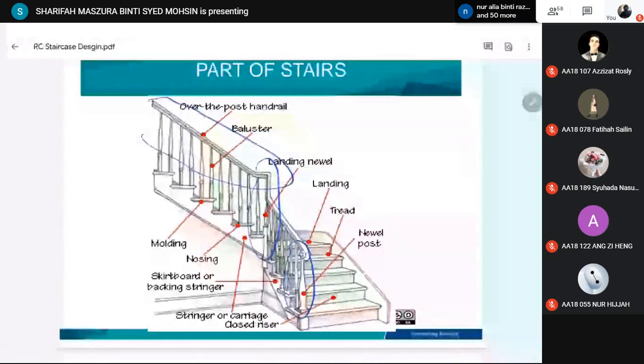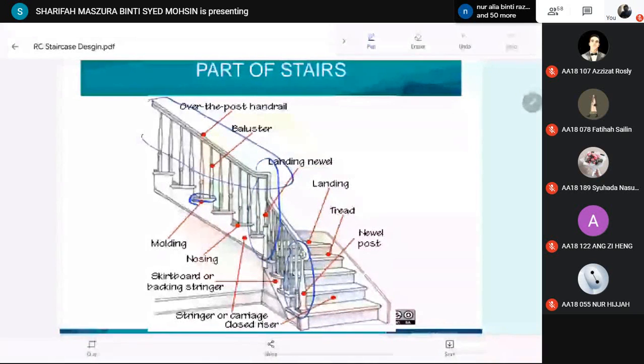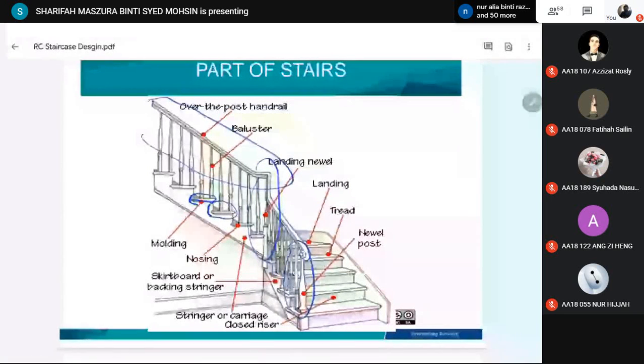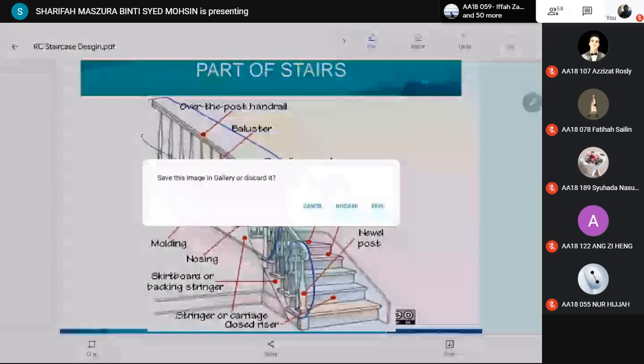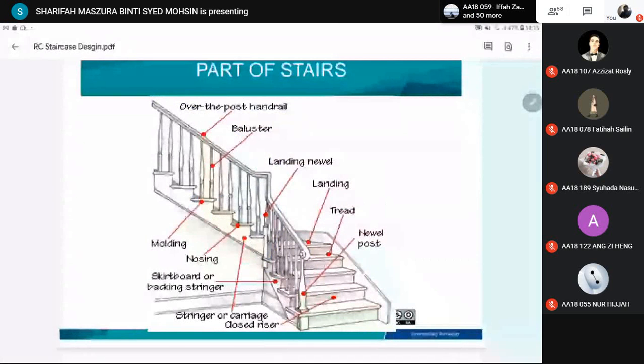Friends, this is just finishes. Okay, it's not part of the reinforced concrete design. Once we finish our reinforced concrete design and casting, we can use this as architectural finishes. Okay, so these are all the parts of finishes that we can include on the staircase.